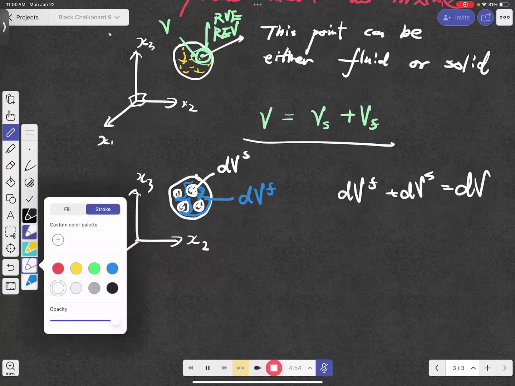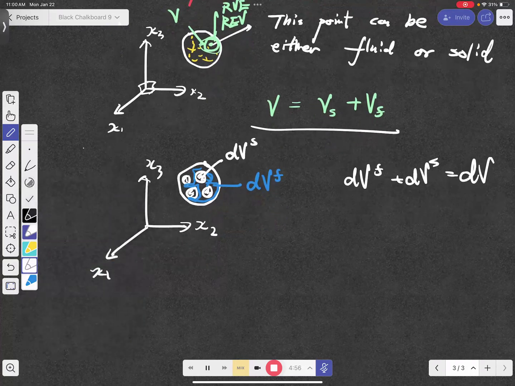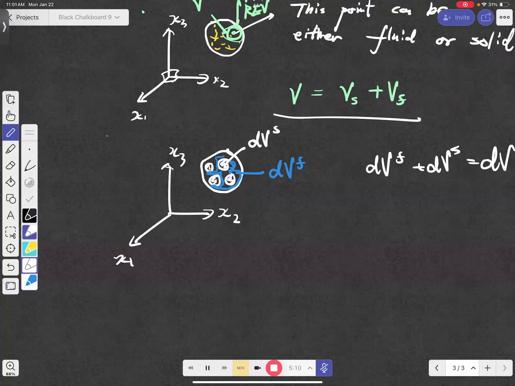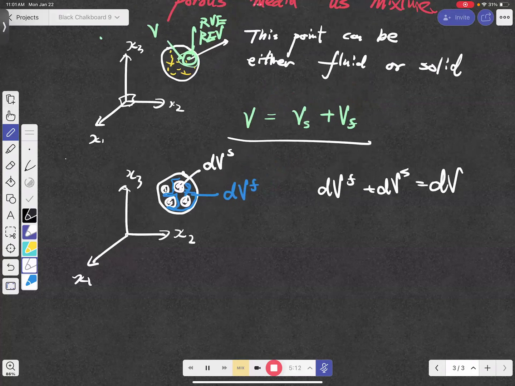Now, the reason I put the d here, can anyone guess why? It's very small. Yeah, it's very small. And why do I need something very small? Because I want to do calculus. So we need to introduce the game of calculus in it, but you should have seen that in soil mechanics. I'm just defining it more rigorously in mathematical terms.